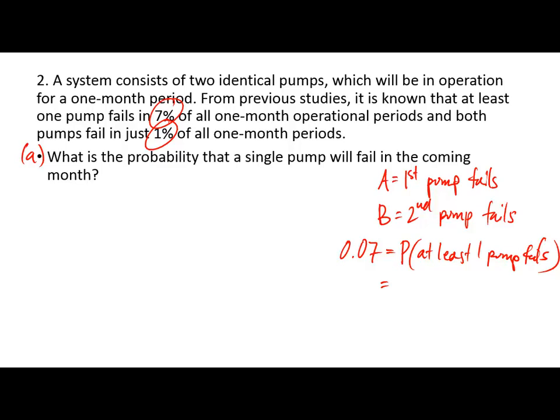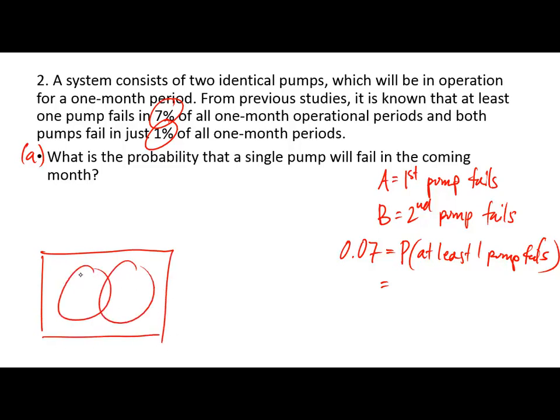Yeah. So at least one means either just one pump fails, so either A or B fails, but it could also include the case that they both fail. I'm quickly running out of space here, so I think the best way to think about this is a Venn diagram. Let A and B be here, and we're looking at the probability that they fail.